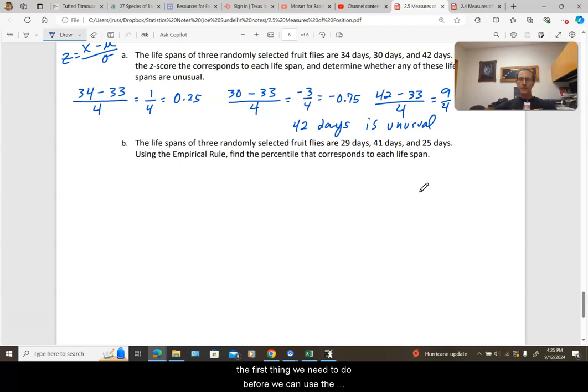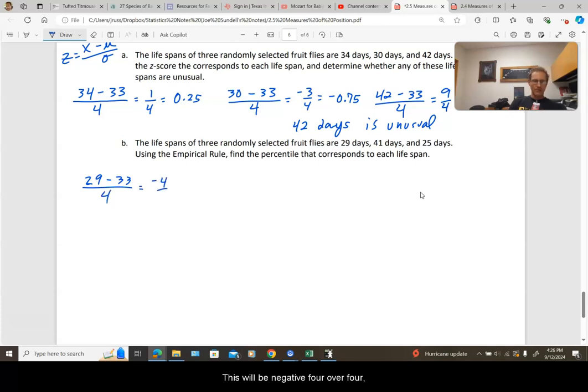Well, the first thing we need to do, before we can use the empirical rule, we need to know the actual z-score. We need to know how far away from the mean in standard deviations these actual lifespans are. So we're going to do the same thing. Well, 29 minus the mean divided by the standard deviation. This will be negative 4 over 4, which is negative 1.